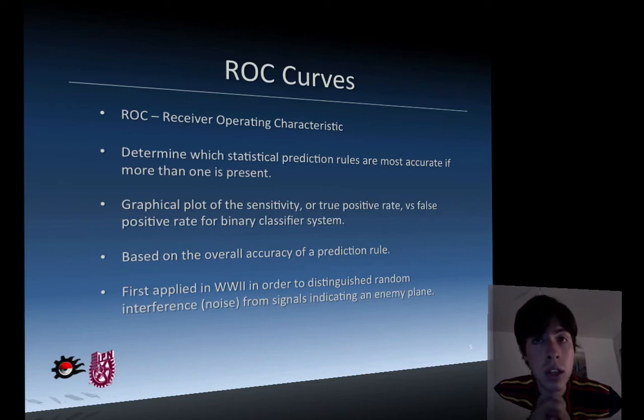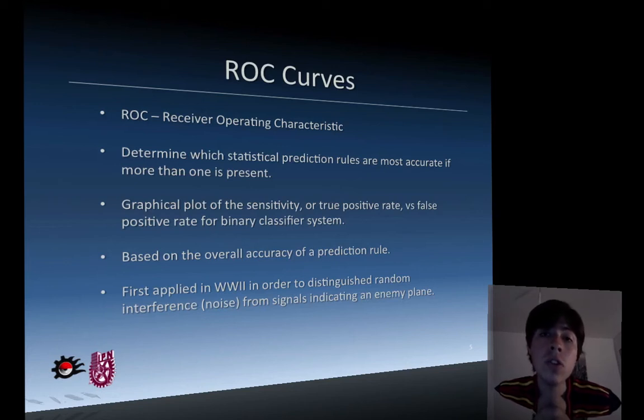We will see the example later on, just as we did with the terminology. Also, the ROC curve is known as the graphical plot of the sensitivity, or true positive rate, versus the false positive rate for a binary classifier system.